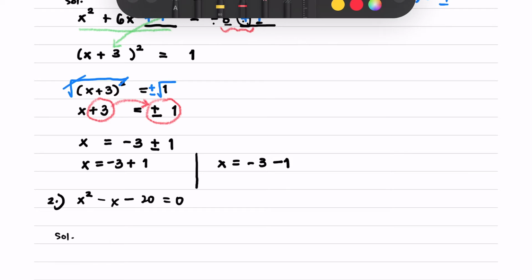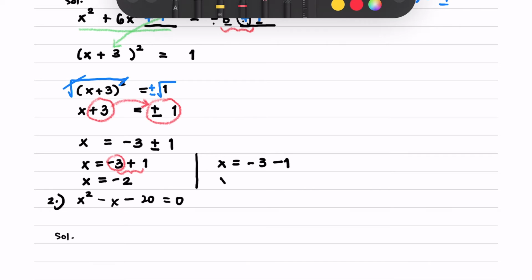So now let us solve. X equals, ito we have different sign, unlike sign, so magsasubtract tayo. 3 minus 1, that is 2. And then copy the sign of the highest value. And the sign of the highest value is negative. So we have negative here.